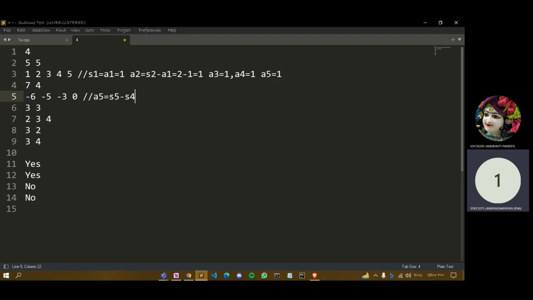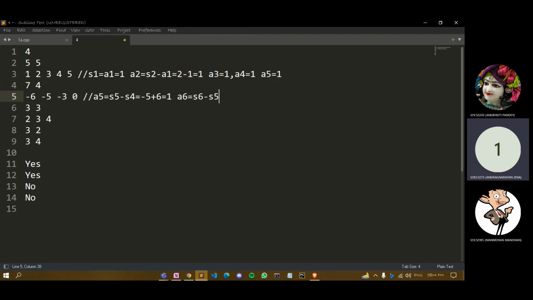So S of 5 is minus 6, minus of minus 5 minus of minus 6, that is plus 6... equal to 1. Then A of 6 as S of 6 minus S of 5. These are obvious formulas; you can come across all this by intuition only.